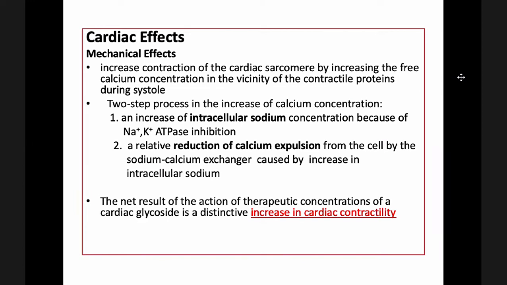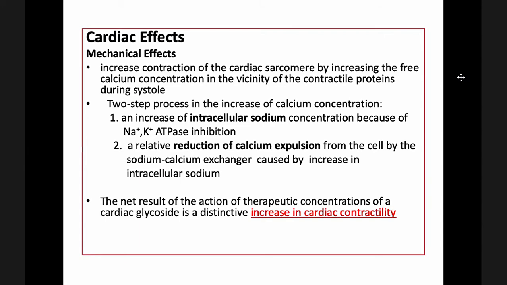One is by increasing the intracellular sodium concentration because of sodium-potassium ATPase inhibition. And second, a reduction of your calcium expulsion from the cell by the sodium-calcium exchanger caused by an increase in your intracellular sodium. So the net result of the action of therapeutic concentration of cardiac glycoside is an increase in your cardiac contractility.